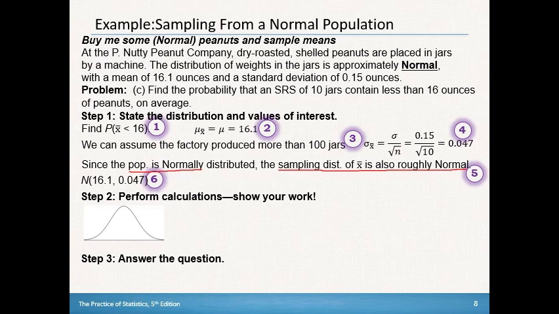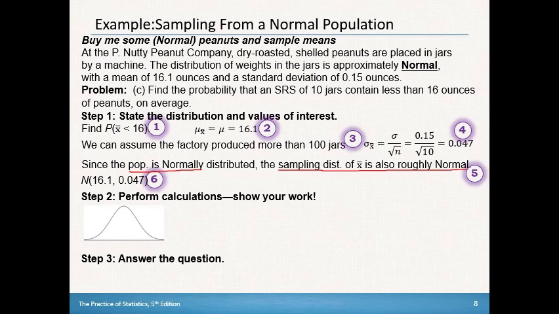We have to say what shape the sampling distribution is, or more importantly, we have to say that it's a normal distribution, because if it's not normal, we can't really proceed. And then besides saying that it's normal, give what it actually is. So it's normal with a mean of 16.1 and the standard deviation that we calculated in part 4 of 0.047.